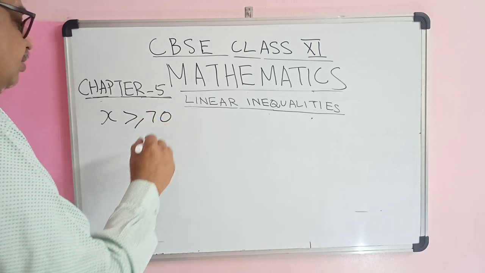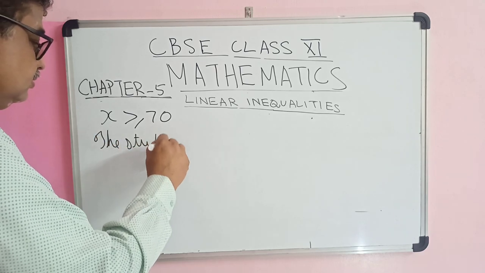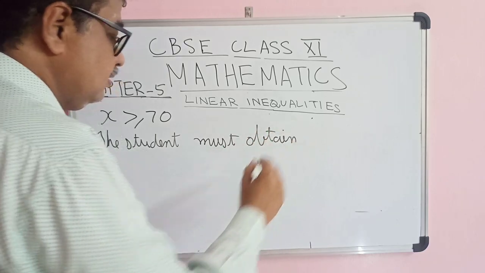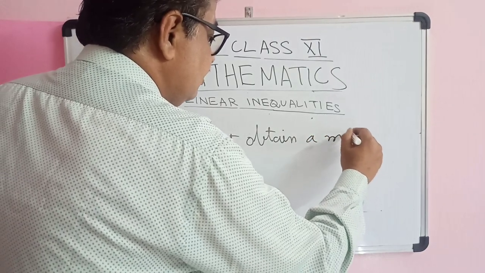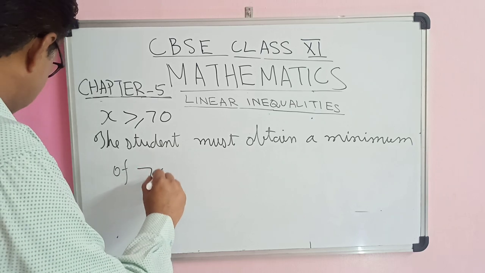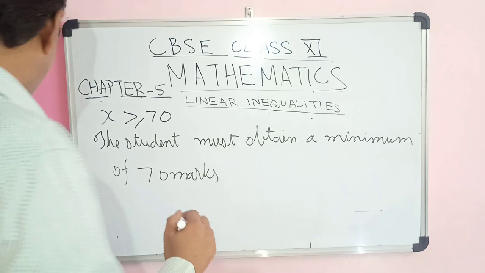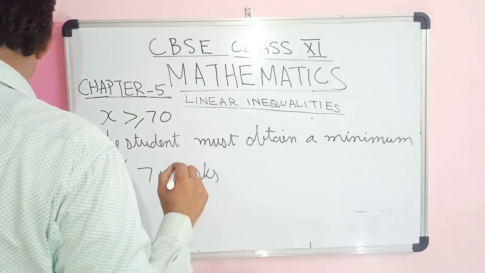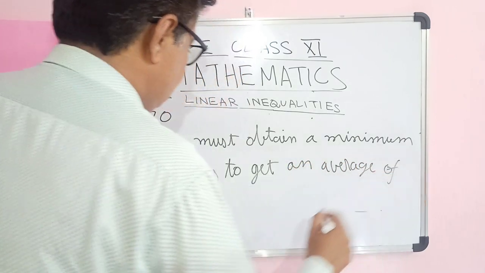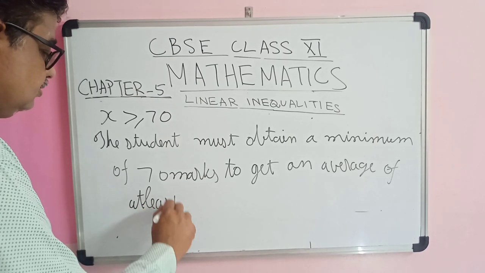x greater than or equal to 70, that's what we got. The student must obtain a minimum of 70 marks to get an average of at least 60 marks.